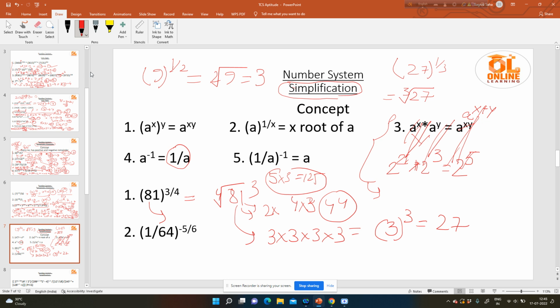It is given 1 by 64 to the power minus 5 by 6. As we have seen, minus means reciprocal. So it will be 64 to the power 5 by 6, that is the sixth root of 64 to the power 5. So it should be an even number. As you know, 4 cube is 64, so it will not be 4.